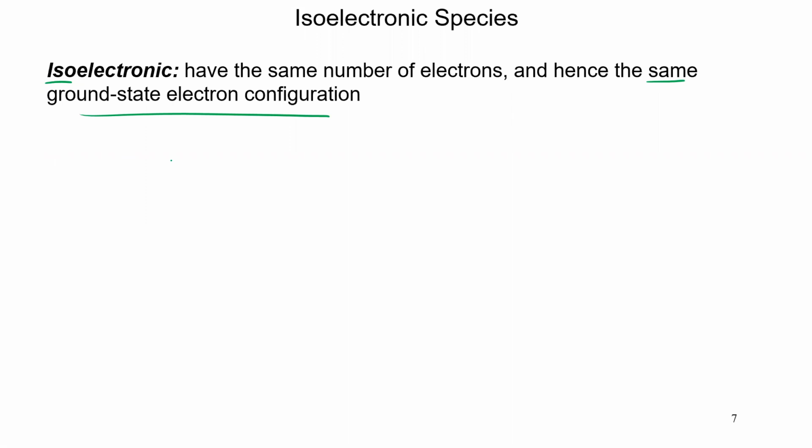But if we choose a noble gas, for example, I'm going to do neon. Neon is isoelectronic with a lot of different ions, because a lot of ions want to have a noble gas configuration, and neon is a noble gas.